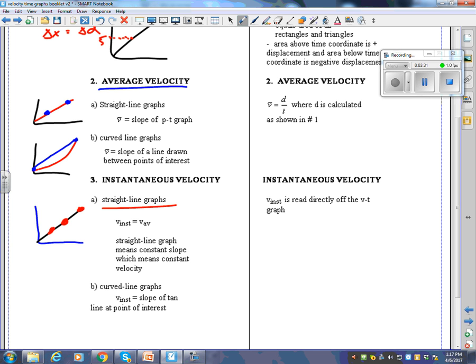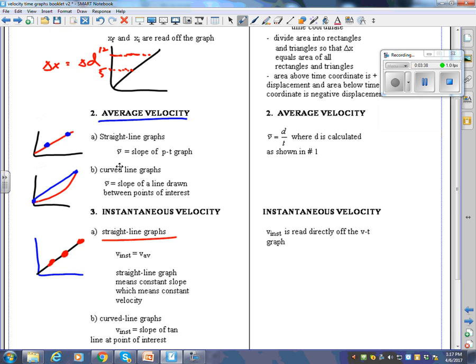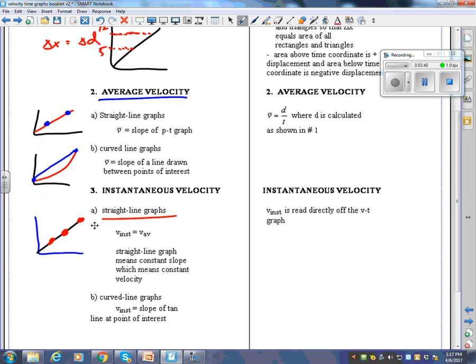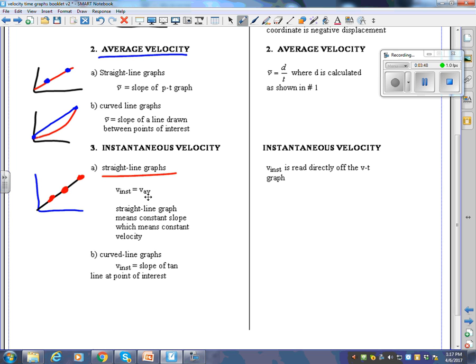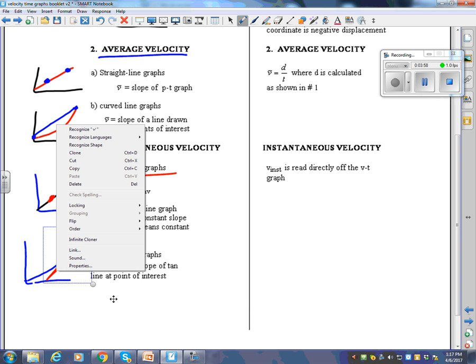You pick any 2. What if it's a curved line graph? Tangent line. Exactly. Tangent line.